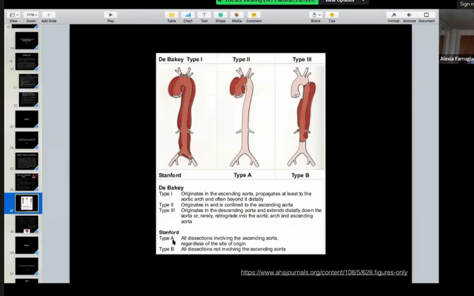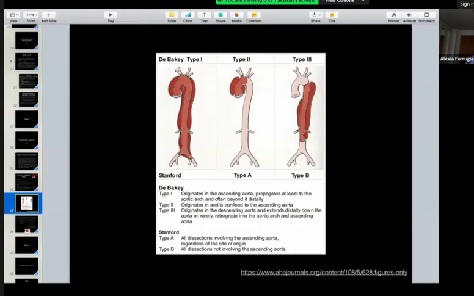A Stanford type A involves all the dissections involving the ascending aorta, regardless of the site of origin. So if the ascending aorta is involved, then it's a type A. That's how I remember it. I prefer using the Stanford classification. I feel it's an easier classification for memory purposes. And type B are all the other dissections which do not involve the ascending aorta.